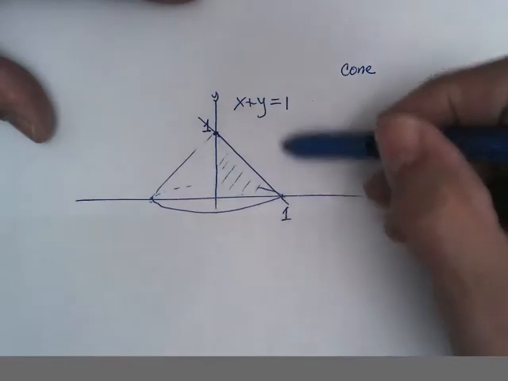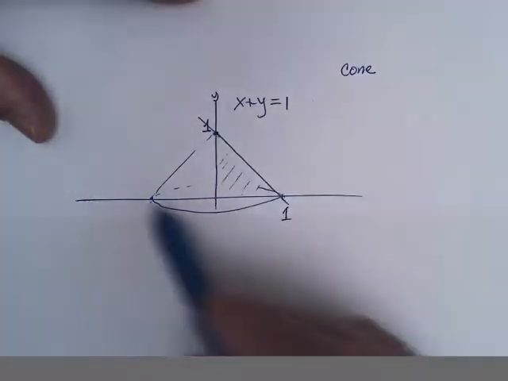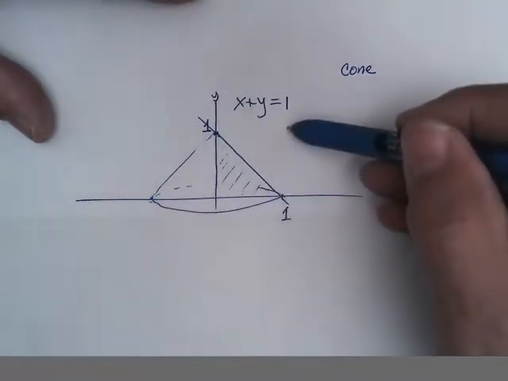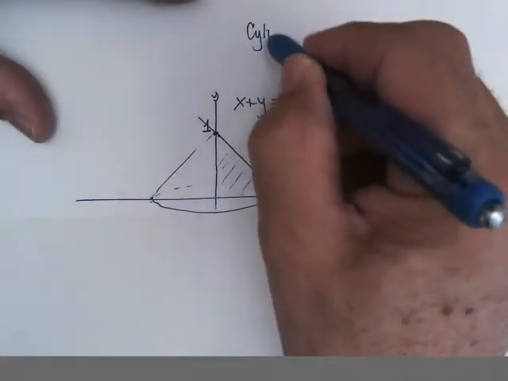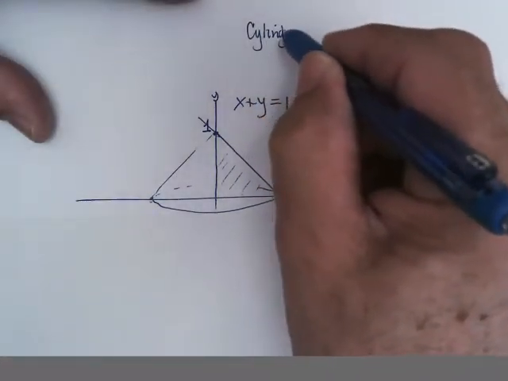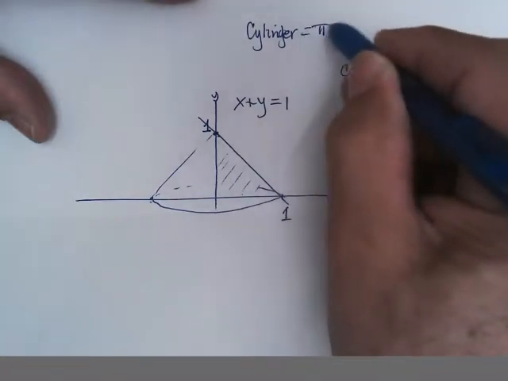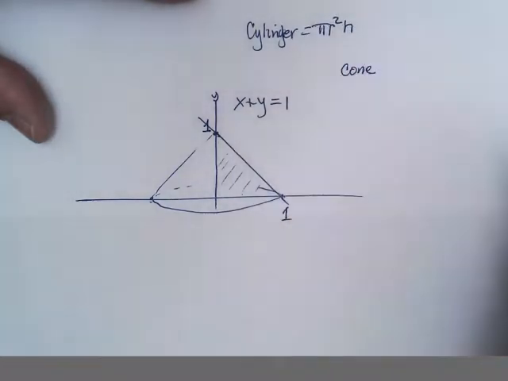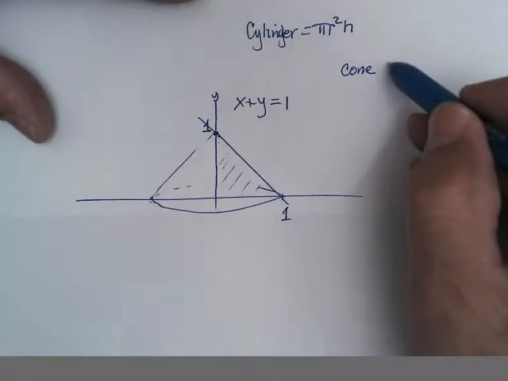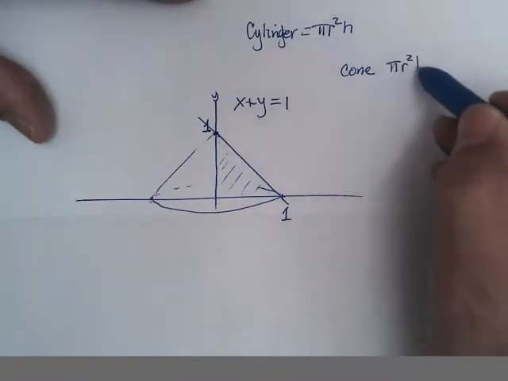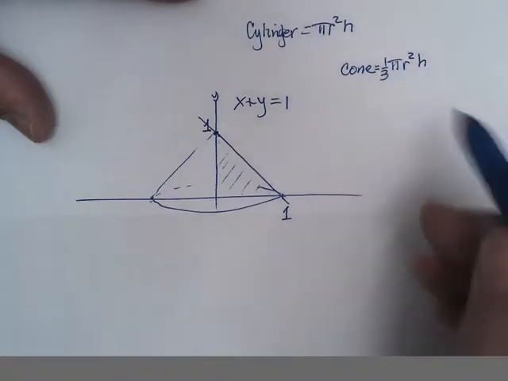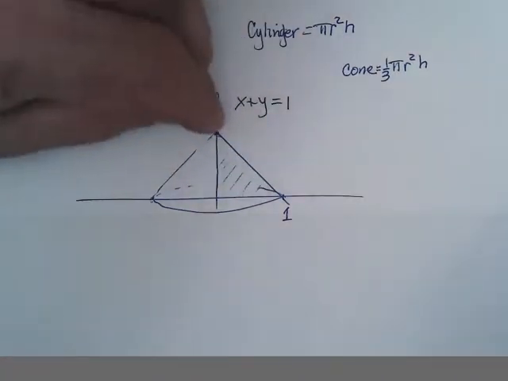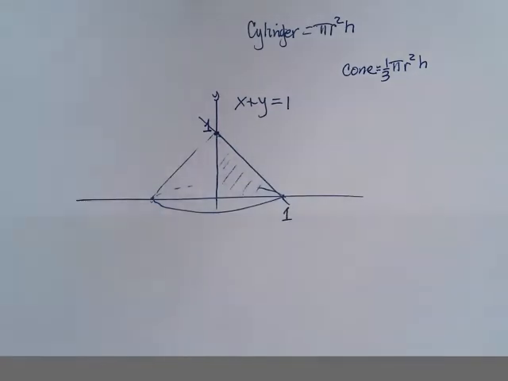Well, if you put it into a cylinder, the cylinder is the area of the base times the height. Pi r squared times the height. And a cone, the volume is pi r squared times the height times 1/3. If it comes to a point, instead of straight up, it's always 1/3.